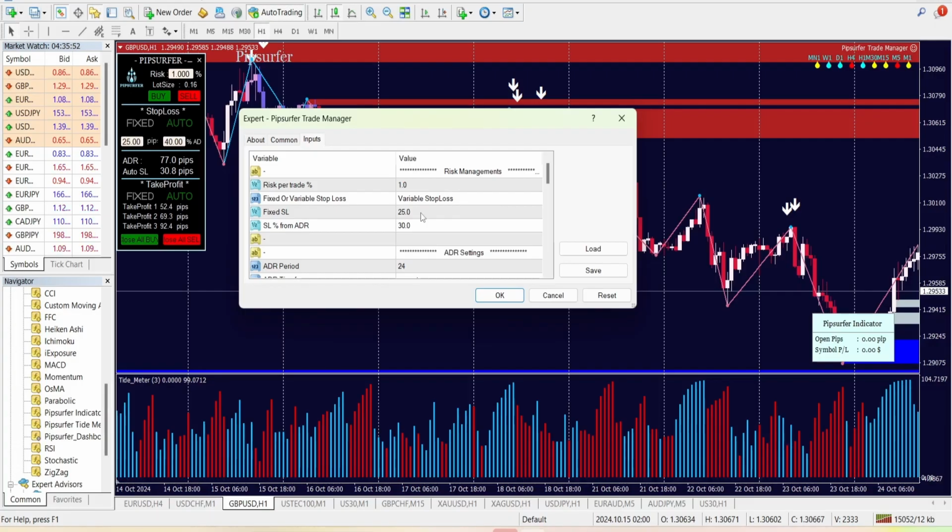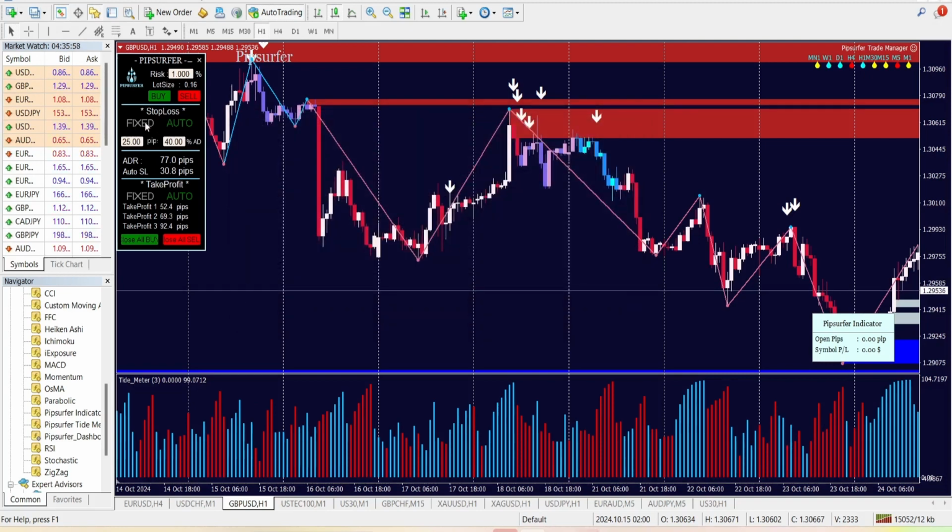If you want to do just a flat stop loss, you can do that. You can also, when you go into the trade manager, just click the button and it changes to the fixed stop loss. Now you can do fixed stop loss and automatic take profits. So the automatic take profits will calculate based off the fixed stop loss versus the automatic stop loss.